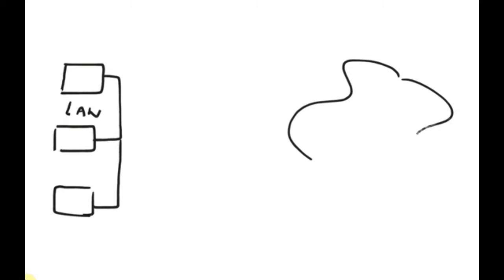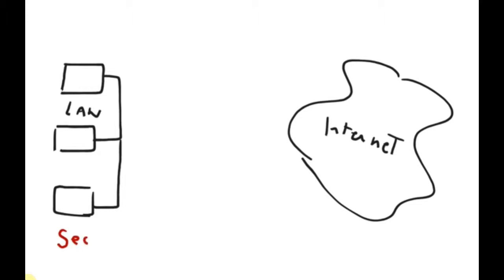So we have the internet, and we would like to access the internet in such a way that our LAN is secured. So no hacker can access our information, or they may not be able to do harm to us.